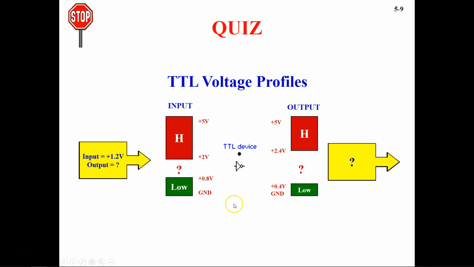So this is going to be an undefined region. Now, next is 2.2 volts. This is again above 2 volts, so your output here is going to be high.